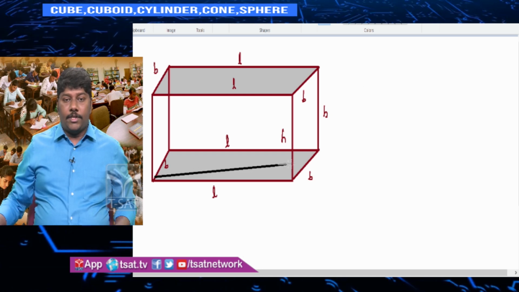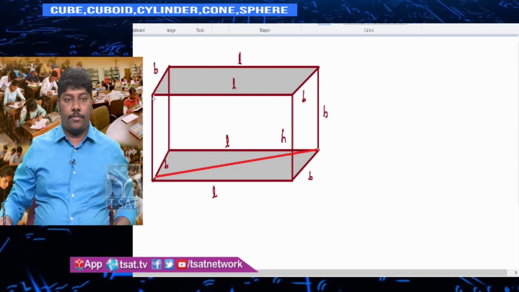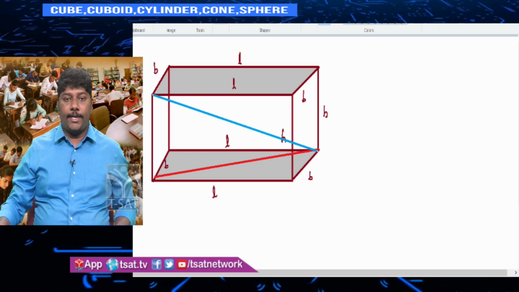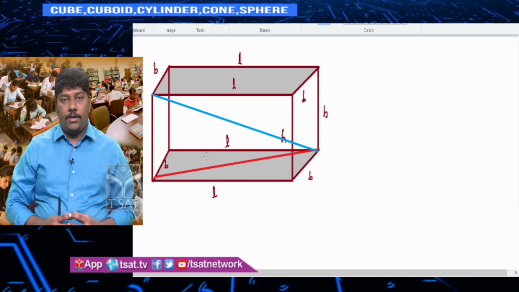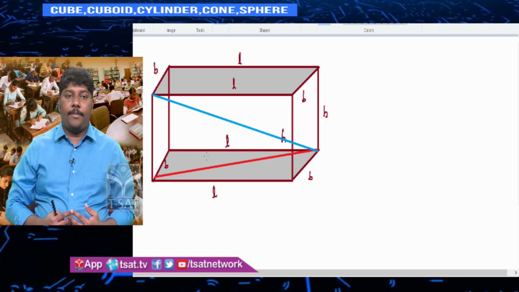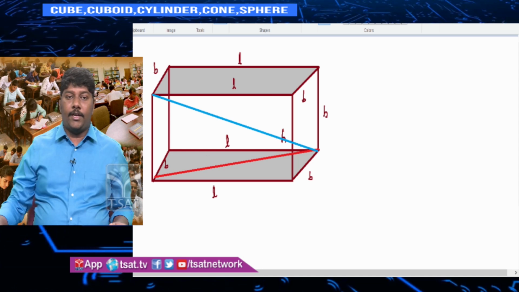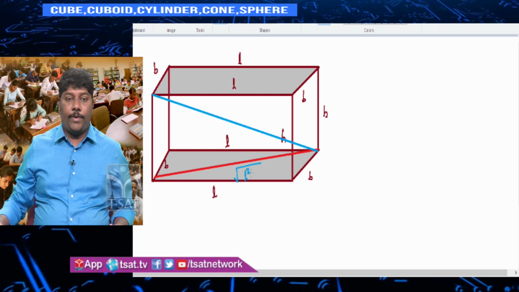Now, look at a cuboid. You have the diagonal of the surface and also the diagonal of the cuboid. The red one is the diagonal of the surface, the blue one is the diagonal of the cuboid. Diagonal of the surface depends on which rectangle you are taking. Here I am taking the rectangle on the ground or the base, that is L and B are the sides, therefore the length of the diagonal is equal to under root of L square plus B square.